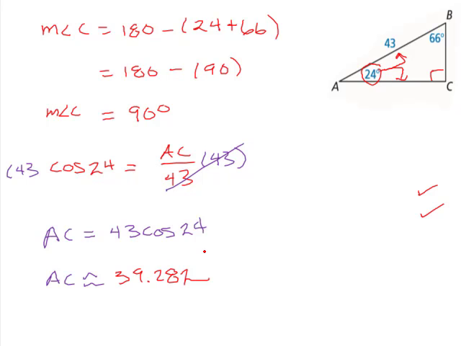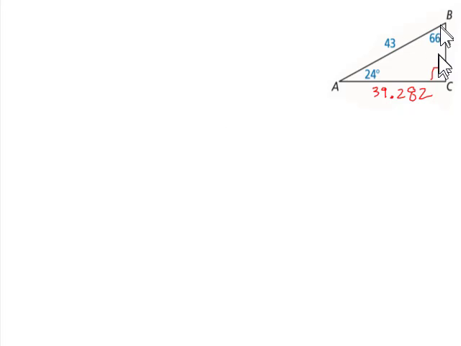Now we need to find the third side. To find the last part of this triangle, we could use the Pythagorean theorem, but unfortunately this is an approximate answer, and since we did work with it, it could be wrong. So remember, you always want to use your given.